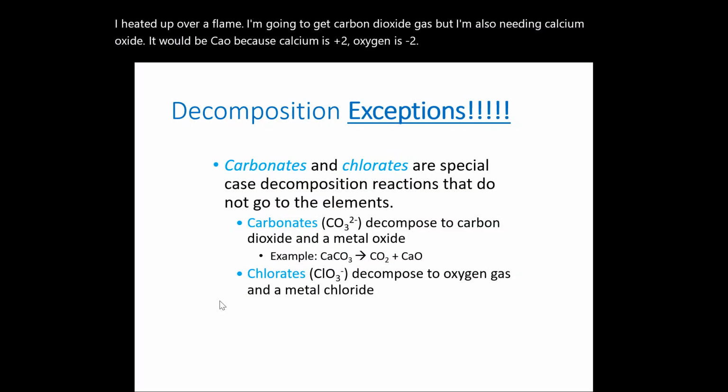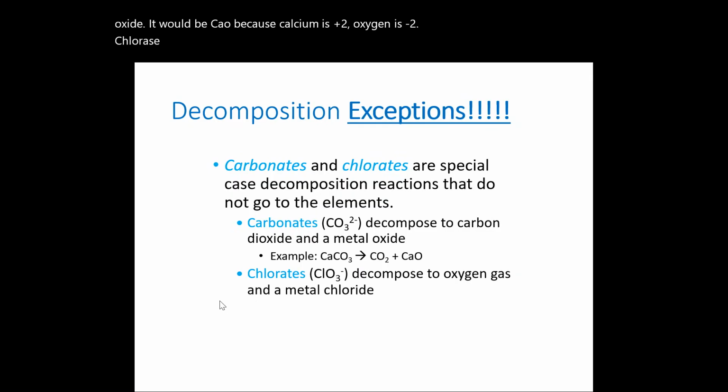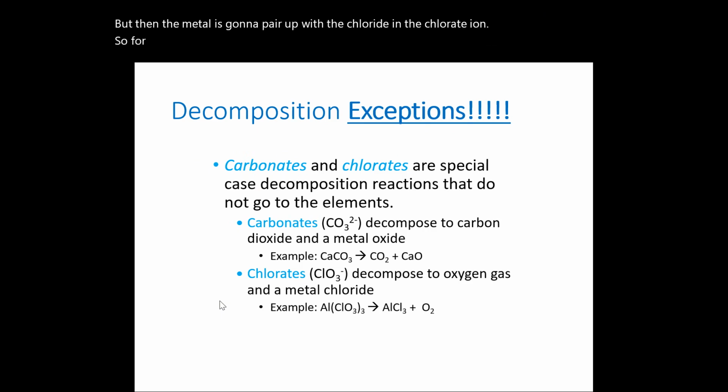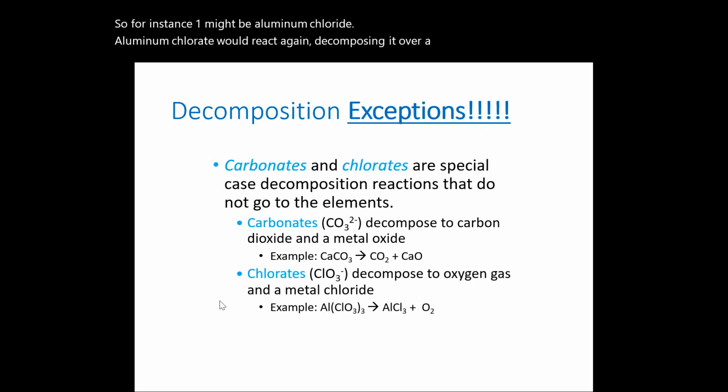Chlorates decompose oddly also. Chlorates will decompose into oxygen gas, but then the metal is going to pair up with the chloride in the chlorate ion. So for instance, one might be aluminum chlorate. Aluminum chlorate would react, again decomposing over a heated flame, very, very hot.